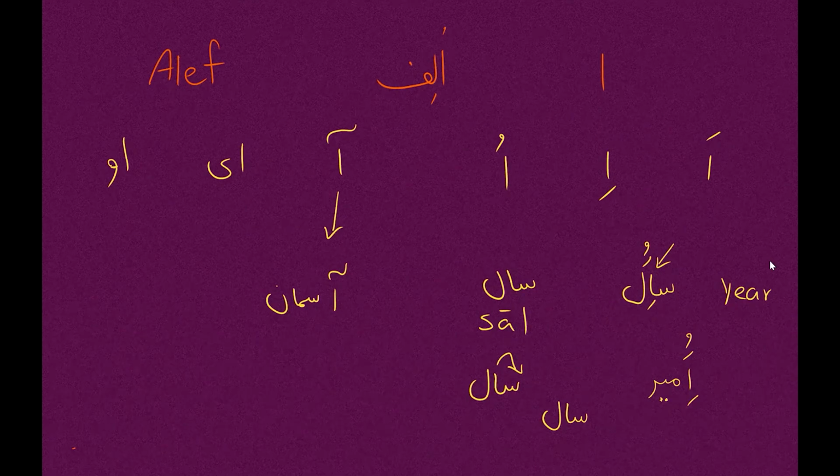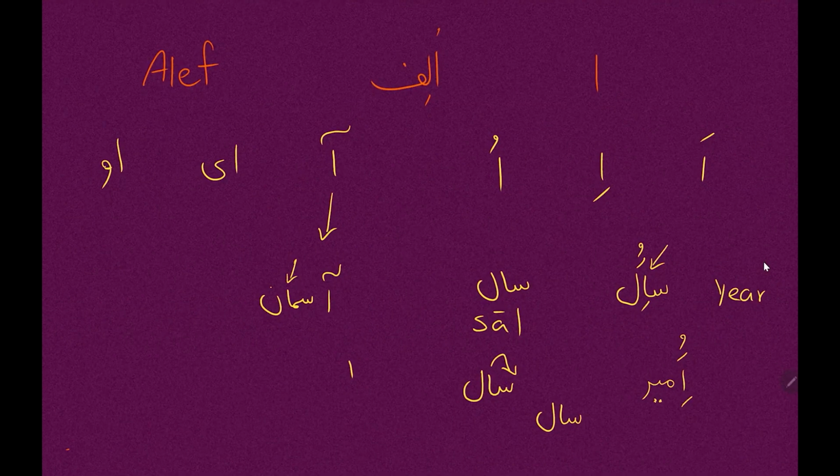It's because here you can see that alef also comes attached to another letter in the middle of the word aseman, and that automatically gives the sound ah. We don't need to add any signs to it. But in the beginning of the word, when we want to give the sound ah, we always have to use this sign to indicate it, aseman.